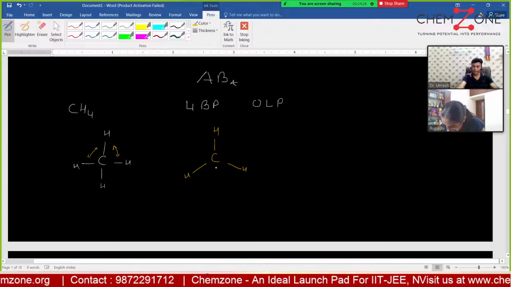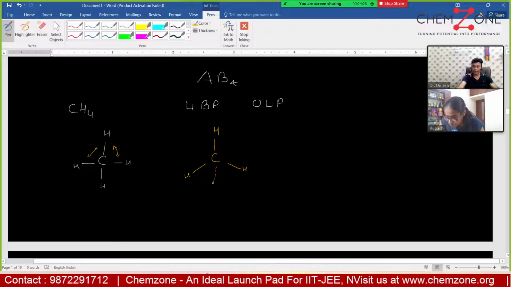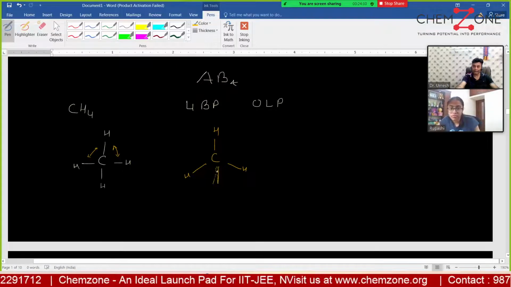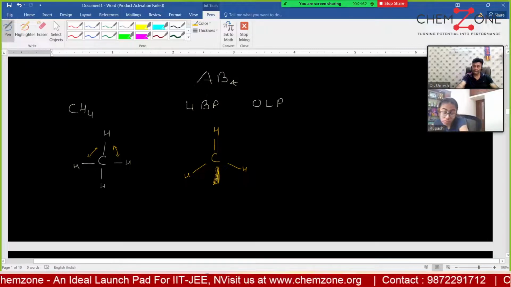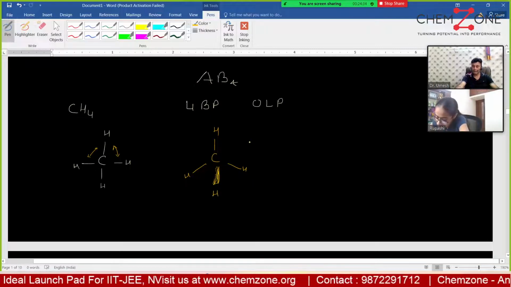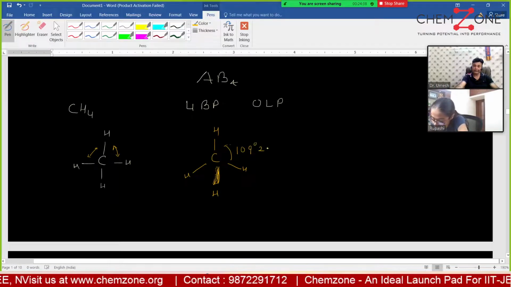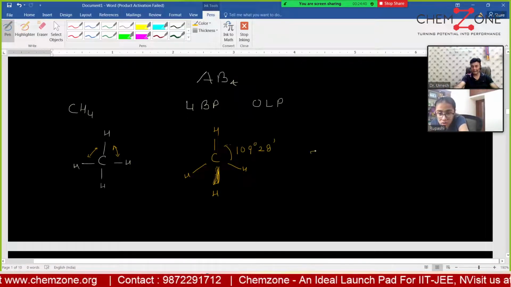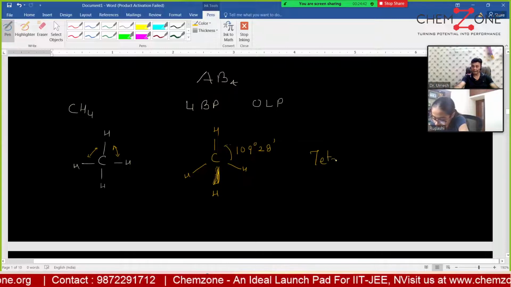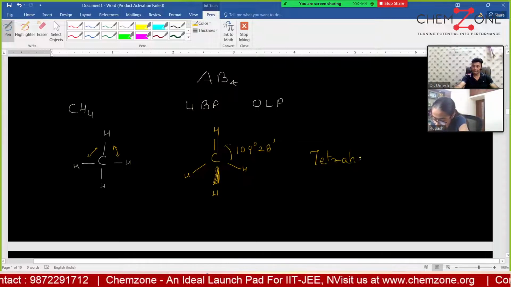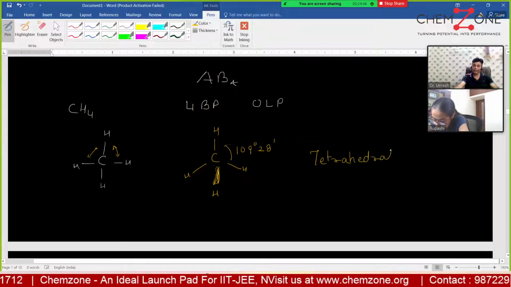and now the fourth angle will be either towards the observer or away from the observer. The angle becomes 109 degrees and 28 minutes, and this geometry is called tetrahedral. Tetra means four and hedral means face.